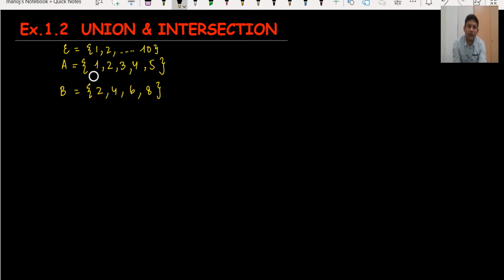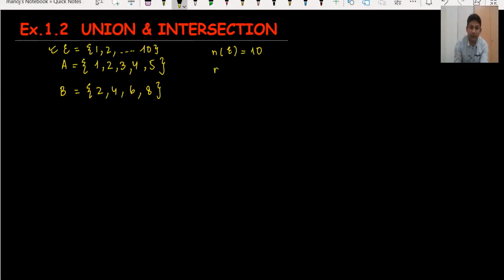Remember, all the elements of sets A and B are part of the universal set, as the father set. This is very important because A and B are within the limit from 1 to 10. The number of elements in the universal set is 10. This is very important, number of elements.